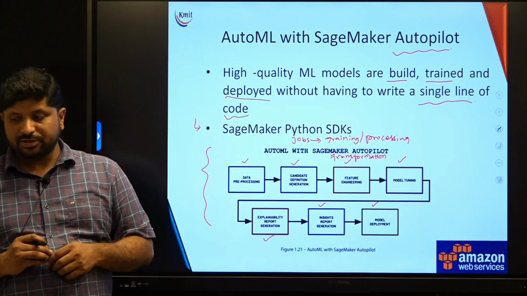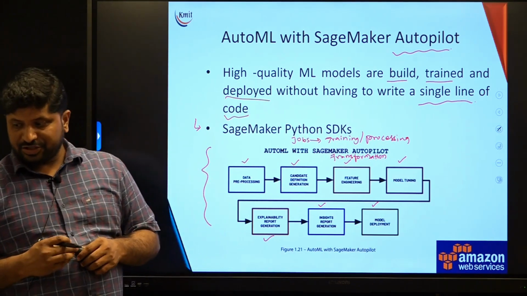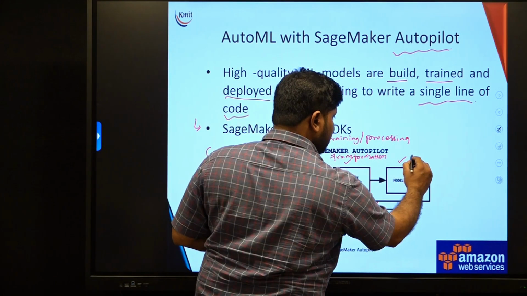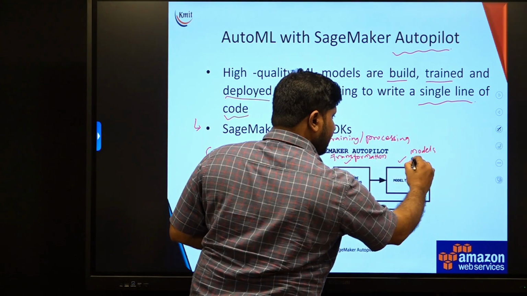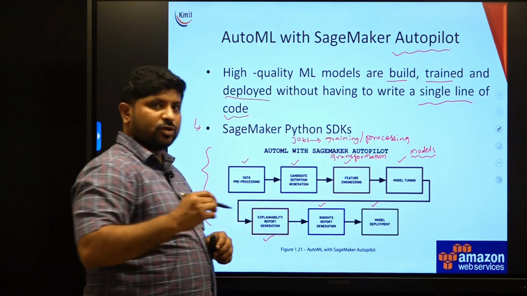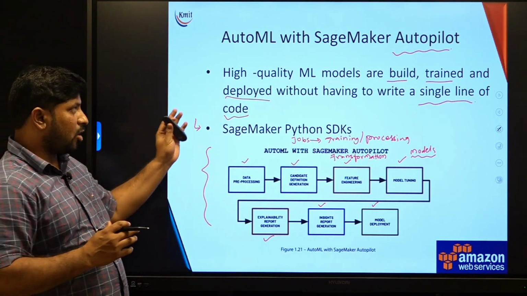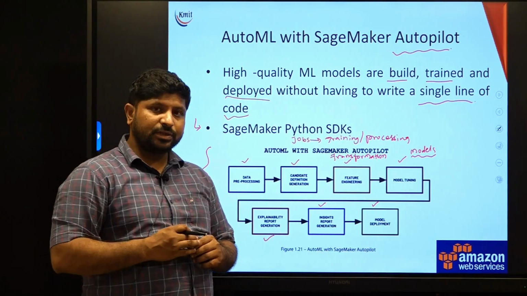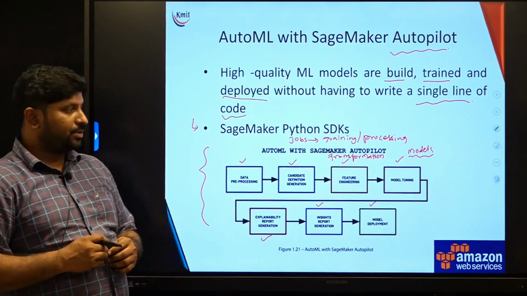Once the transformation is done, then model tuning is initiated, where multiple models get generated automatically, and it compares all the models based on various algorithms, and this particular Autopilot will fine tune the model to optimize the resources and get accurate predictions.